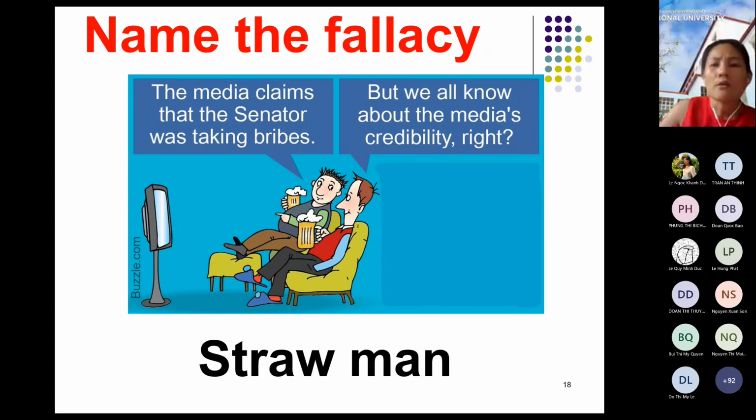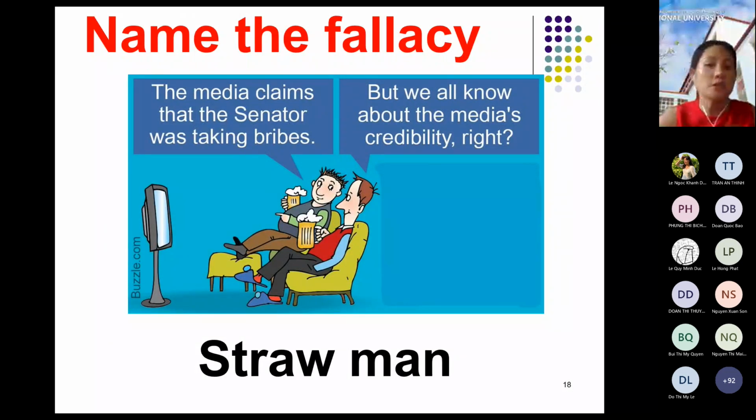You can see that the friend on the left said the media claims that the senator was taking some kind of bribes. The two are discussing information from the media. But then the other friend said, we all know about the media credibility. So the other friend changed to the media's reliability, whether it's reliable information or not.